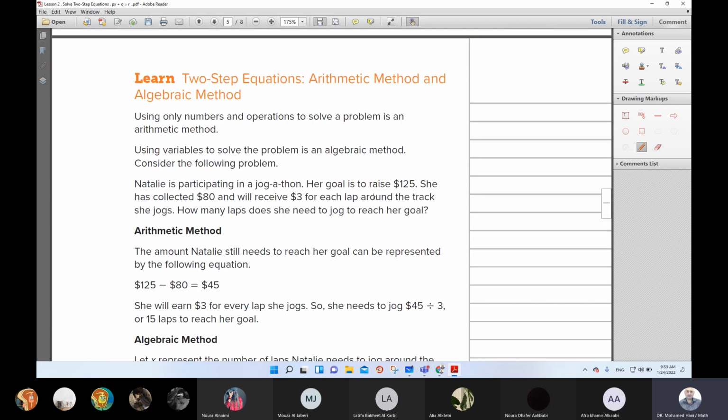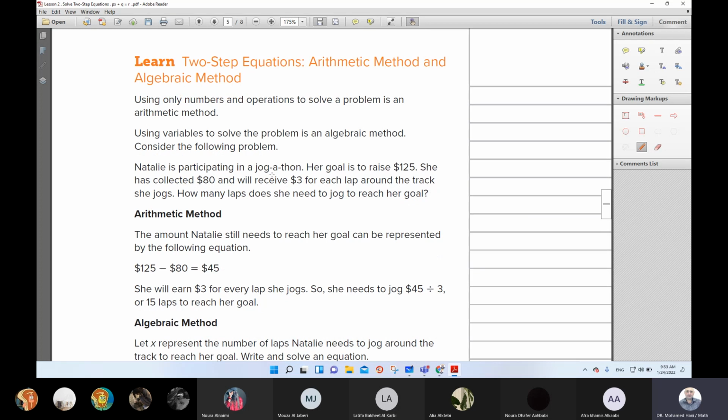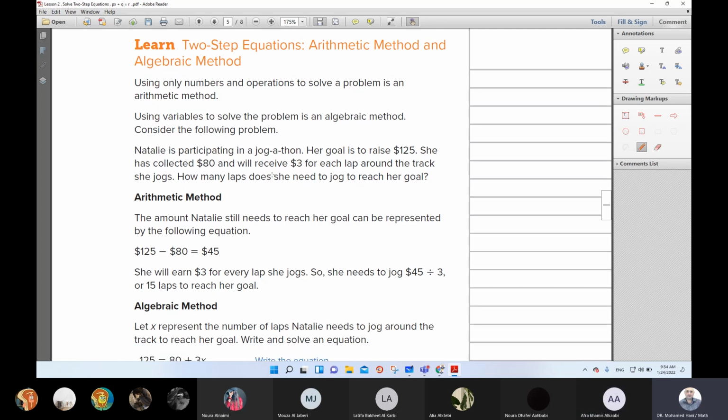The second idea in this lesson, we want to learn two step equations, arithmetic method and algebraic method. Using only numbers and operations to solve a problem is an arithmetic method. Using variables to solve the problem is an algebraic method. Consider the following problem.